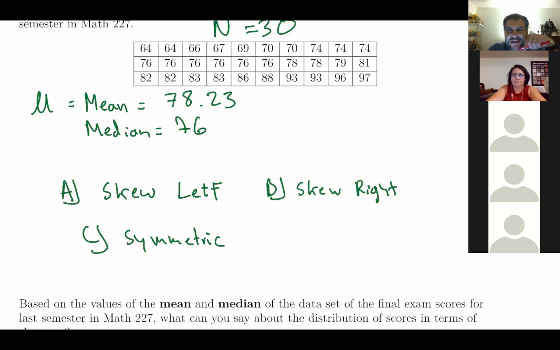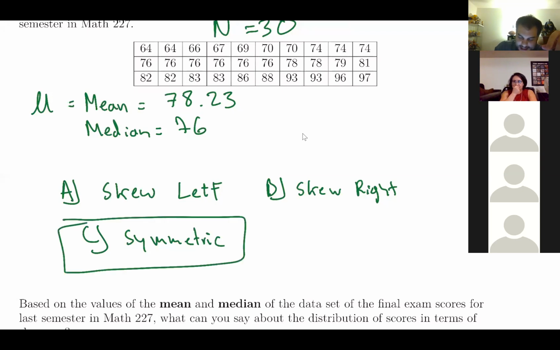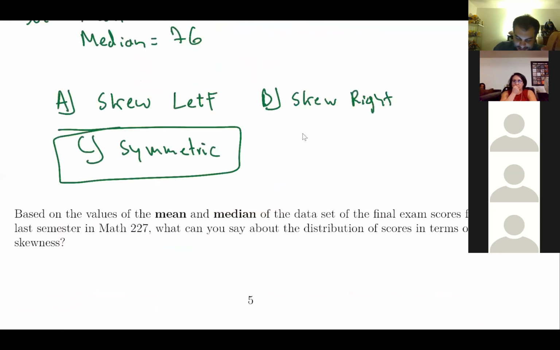Now we got 75. So we got one person that said skewed to the left, 5 people who said skewed to the right, and lastly, 16 people who said this was symmetric. So for this one, the final answer should have been symmetric. Because if you look at the mean and the median, they're pretty close to each other, so they're approximately equal. So we should say it is symmetric.